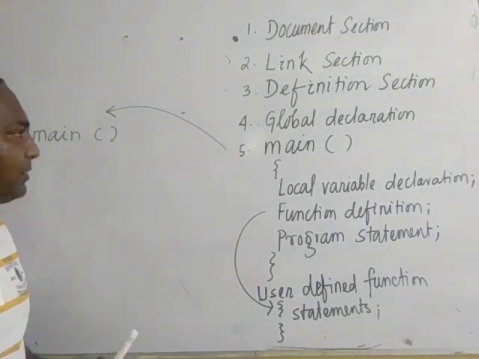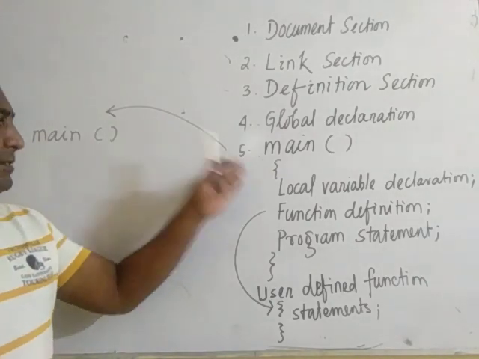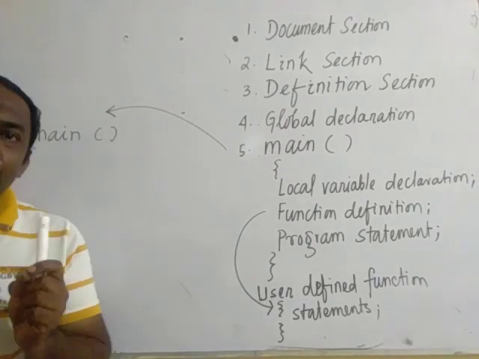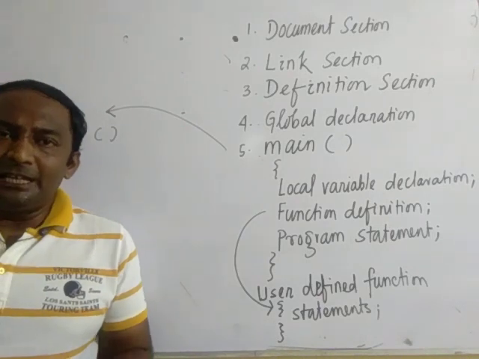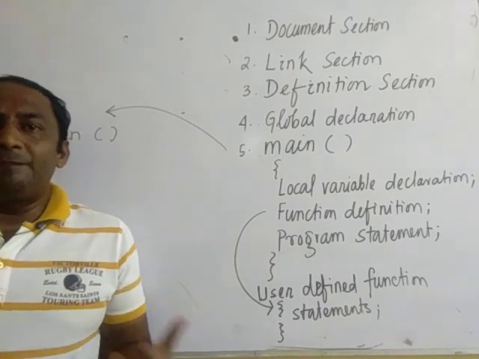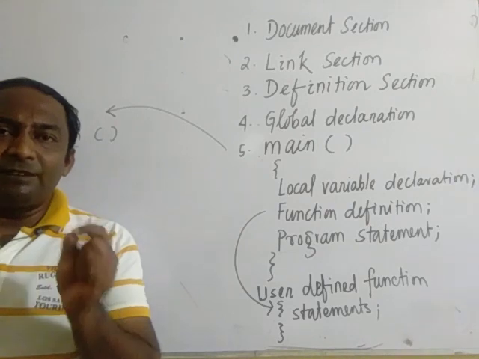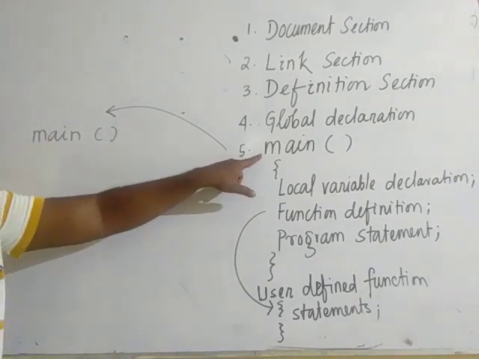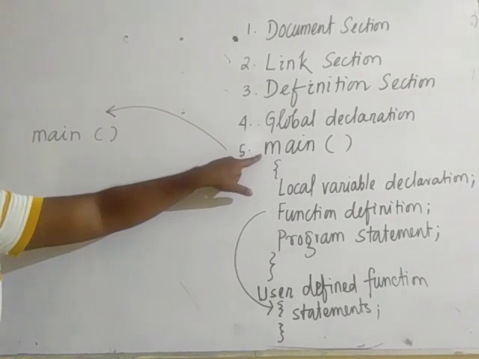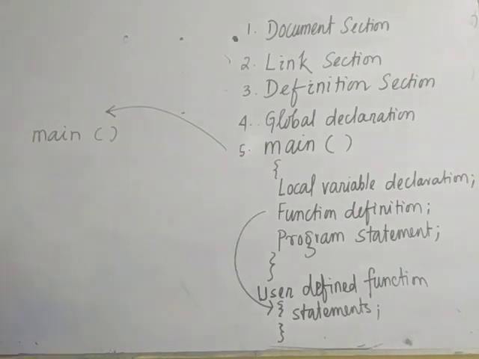One C program must contain one main function, only one. We can use different types of functions, user defined functions and inbuilt functions, but the main function is only one. So the main function is declared here, which means the program execution starts from this position.